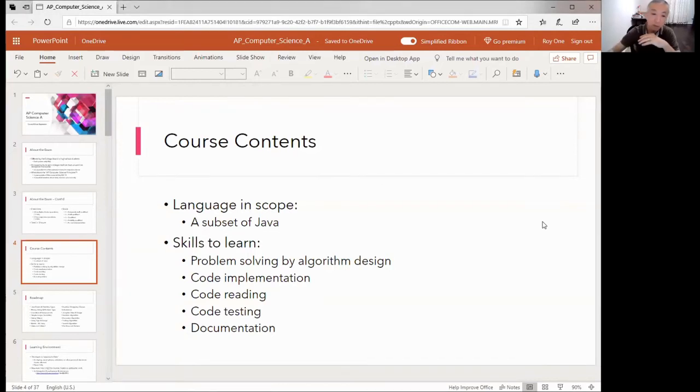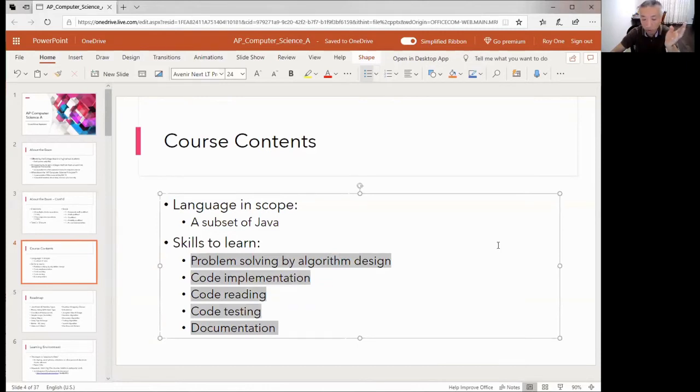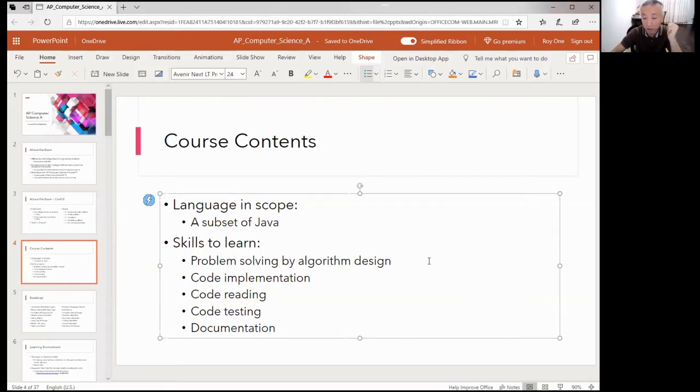The skills to learn here, those 5 things defined by College Board, are the 5 main skills they want students to develop and master. And don't worry about these 5 terms. Basically, you will naturally get them during the course. The most important thing I already mentioned is code reading.